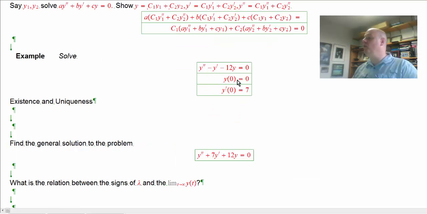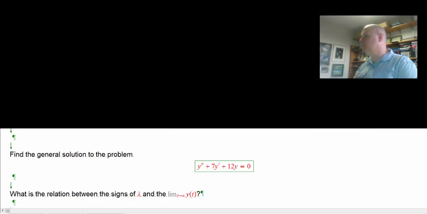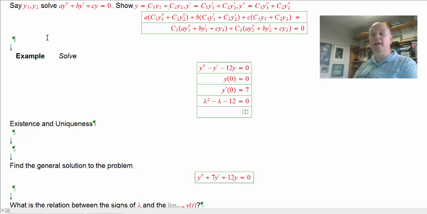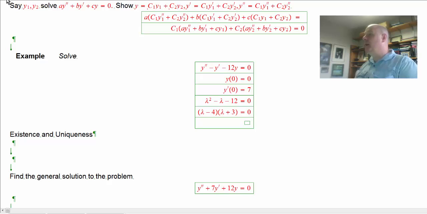Let's go through, let's solve an equation now. Let's just do an example. All right. Well, what's my first thing? Let's throw down our auxiliary equation. I can factor this auxiliary equation, and so I get lambda equals 4 or minus 3.